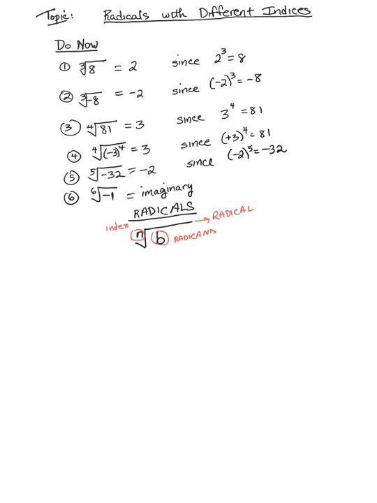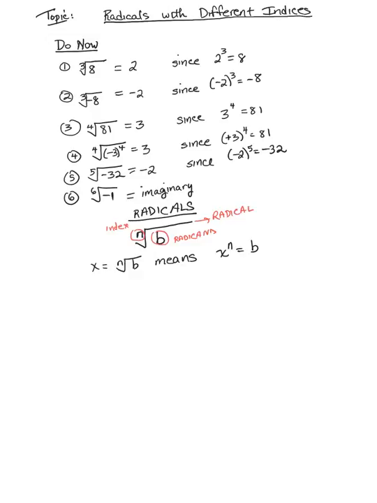And if we set x equal to the nth root of b, by the do now, we see that this means that x to the n equals b.